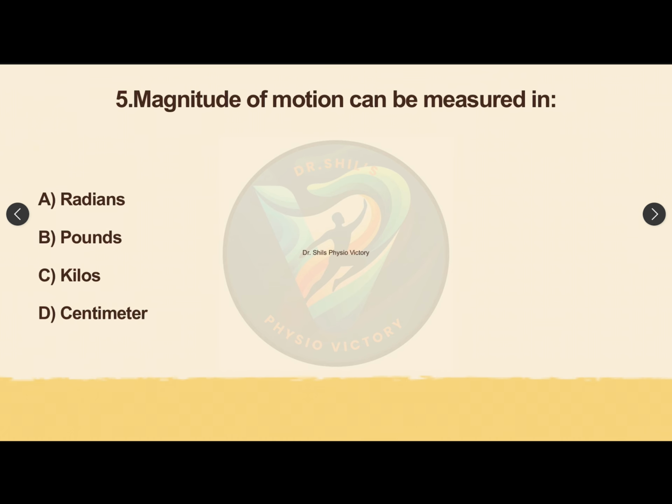Magnitude of motion can be measured in option A radian, option B pounds, option C kilos, and option D centimeter. Here the correct answer is option A radian.